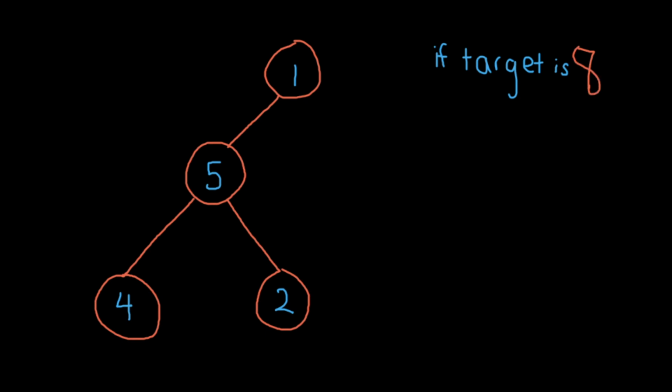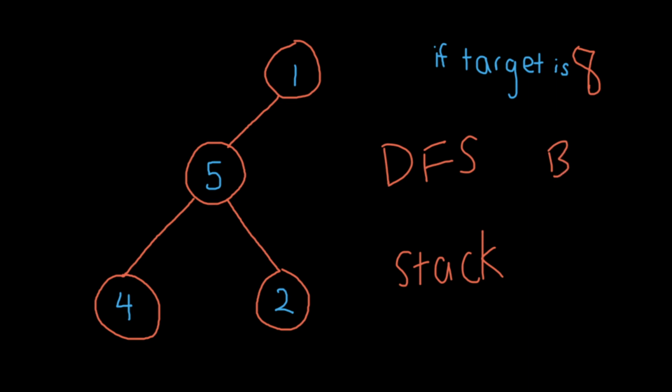And I think the one thing we want to talk about really fast is that when you're doing depth first search, you need a stack. This is very important because for breadth first search, you use a queue, right? Queue is first in, first out, FIFO. Stack is last in, first out.